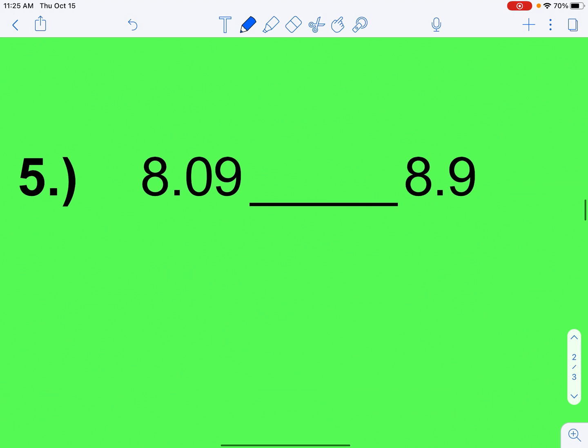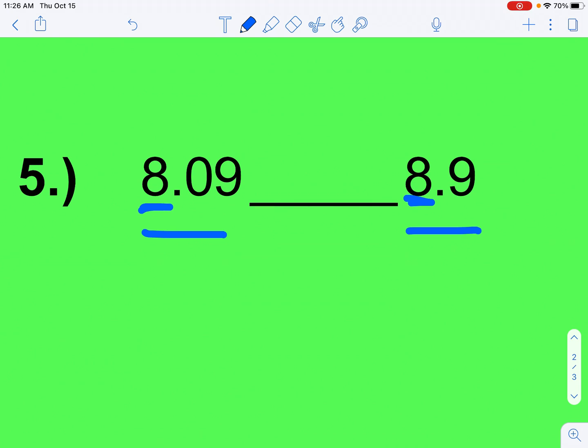Alright, number 5. I have 8 9/100 and 8 9/10. I would also like you to be practicing saying these decimal names as we're going, instead of just saying 8.09, because that's not really how we name our decimals. This one on this side is 8 9/100, and this one on this side is 8 9/10.